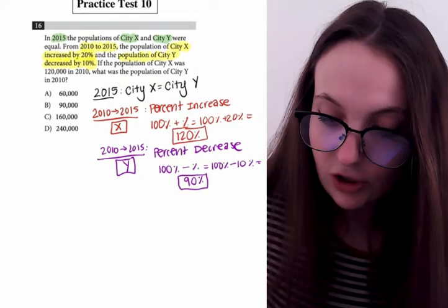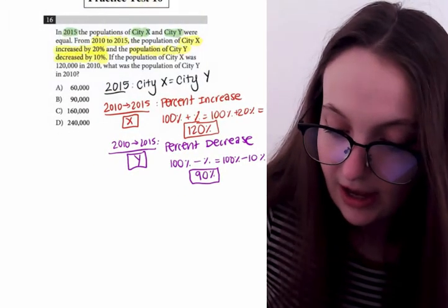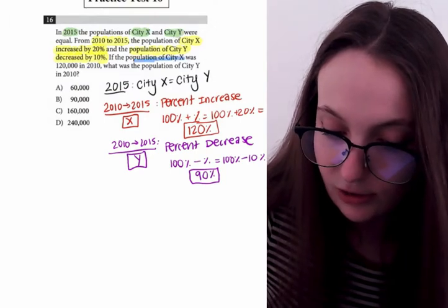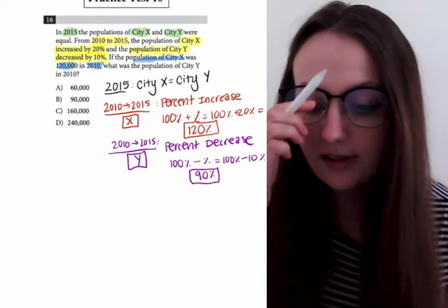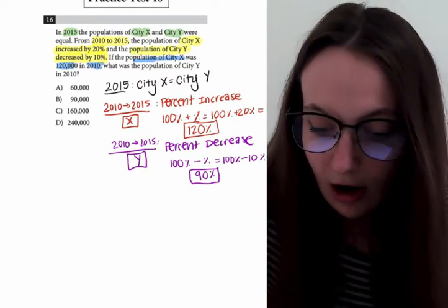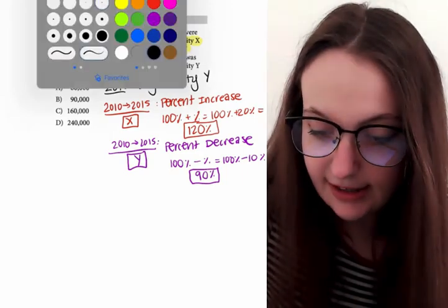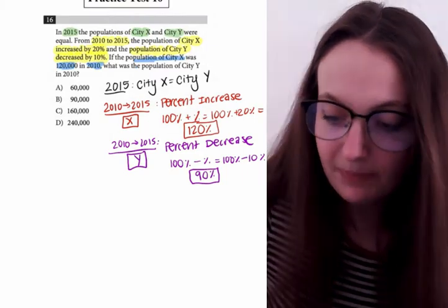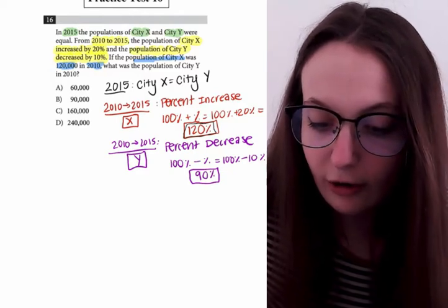Now that we have this all modeled out, they ask: if the population of city X was 120,000 in 2010, what was the population of city Y in 2010? We can find the population of city X in 2015 because we know it increased by 20% over those 5 years.